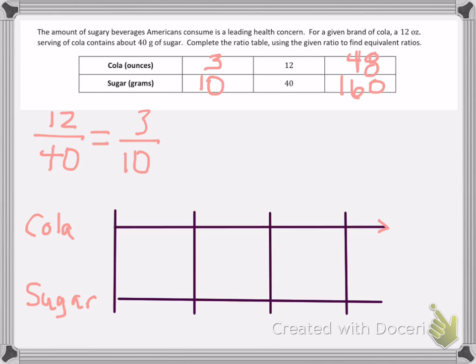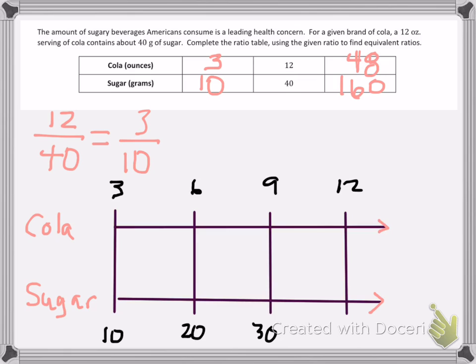I've got this line is going to go forever, and this one's going to go forever as well. And I know then that if I have 3 ounces of cola, then I'm going to have 10 grams of sugar. If I have 6 ounces of cola, I'm going to have 20 grams of sugar, 9, 30, 12, 40.